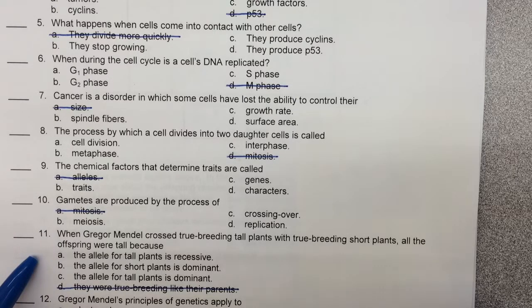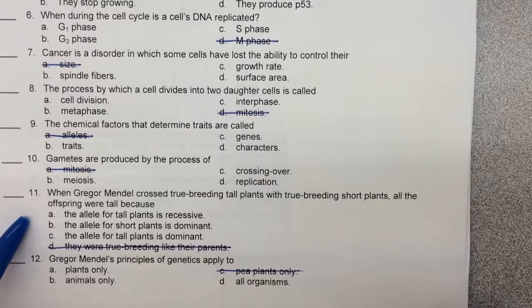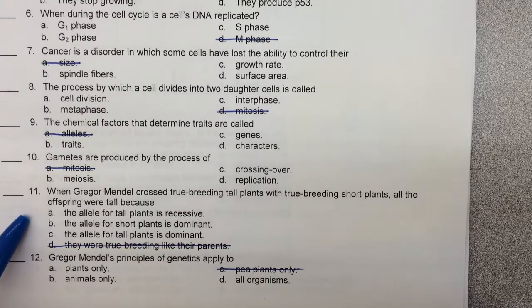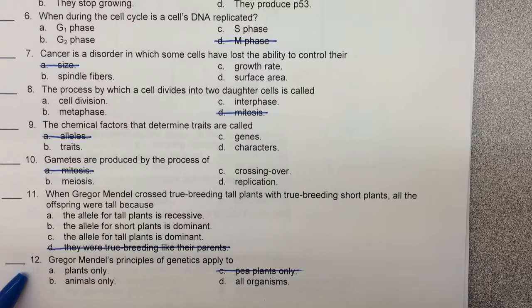Number 11, when Gregor Mendel crossed true-breeding tall plants with true-breeding short plants, all the offspring were tall because A, the allele for tall plants is recessive, B, the allele for short plants is dominant, or C, the allele for tall plants is dominant. Number 12, Gregor Mendel's principles of genetics apply to plants only, animals only, or all organisms.